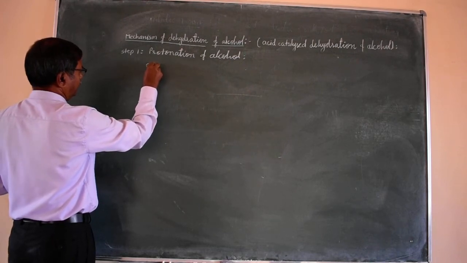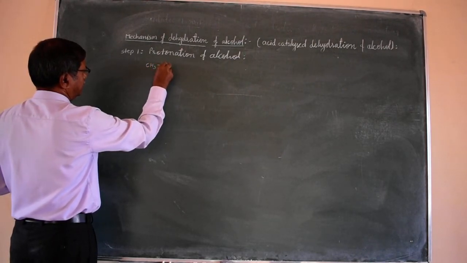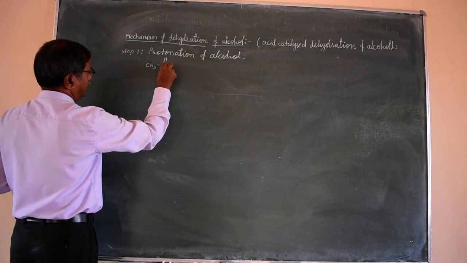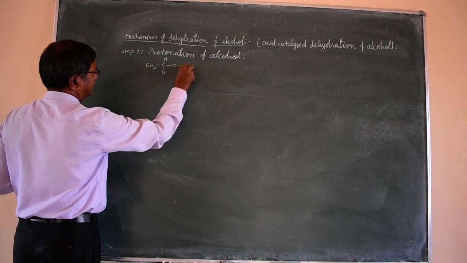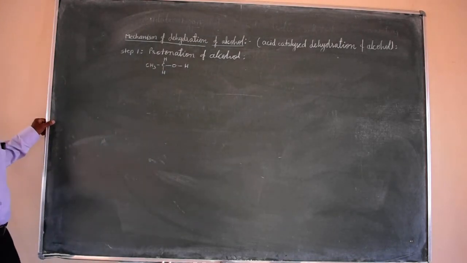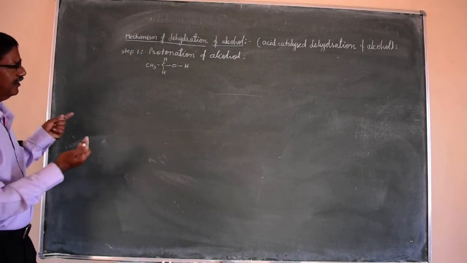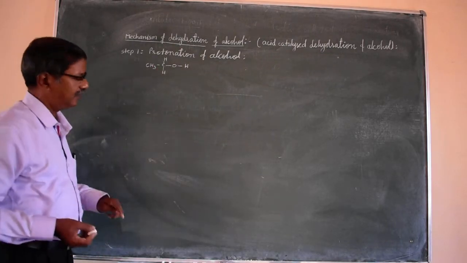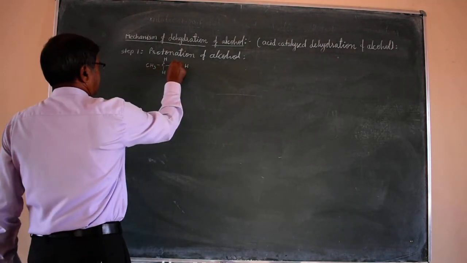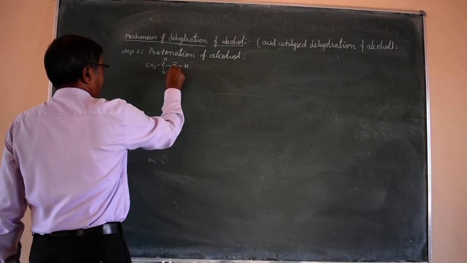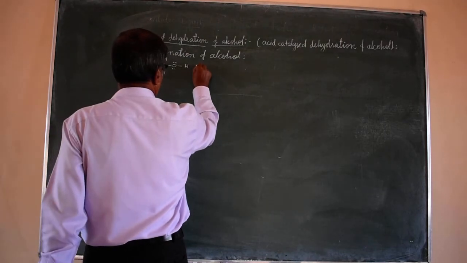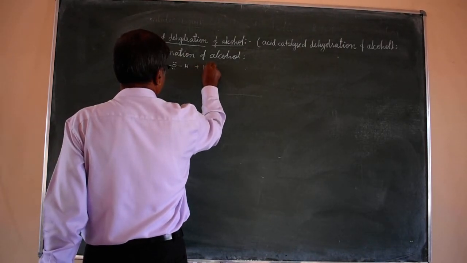Formula for ethyl alcohol, we know CH3, CH2, then we have OH. It is ethanol or ethyl alcohol. You can write the condensed formula also. It is not necessary to write like this only. So we have 2 lone pairs of electrons on oxygen plus proton, or it is H plus.